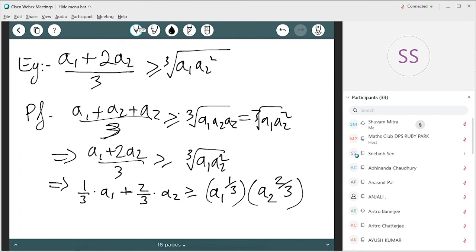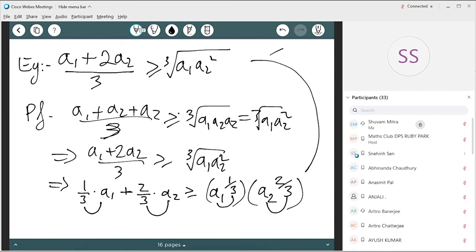This inequality is equivalent to this thing. So can we see some pattern over here? A very simple pattern: again 1 by 3 and a1 are related, 2 by 3 and a2 are related. So we can do this for n terms indeed.